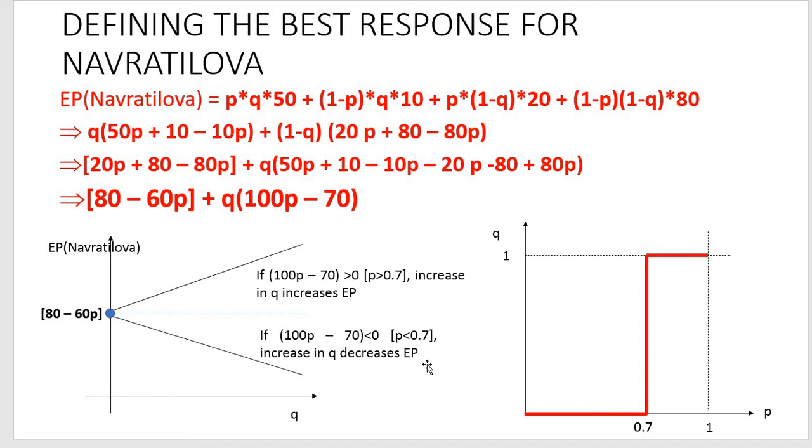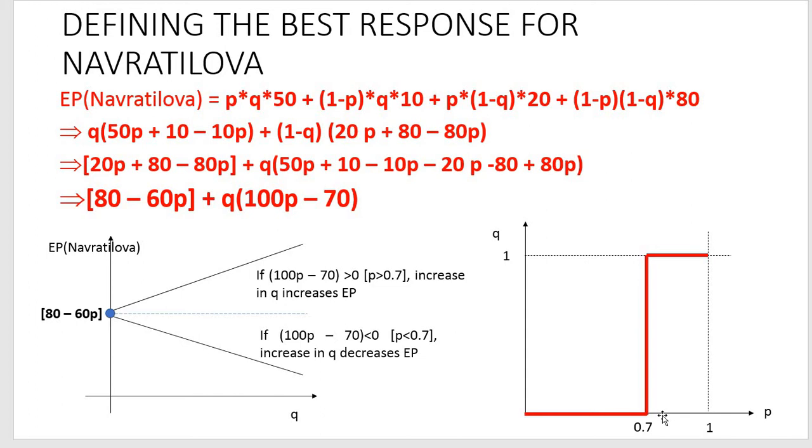So now, as a rational player, when p is below 0.7, it means that an increase in q decreases her expected payoff. So Navratilova should take her q as low as possible, and in our case it's 0, because again, probability can take a value between 0 and 1.